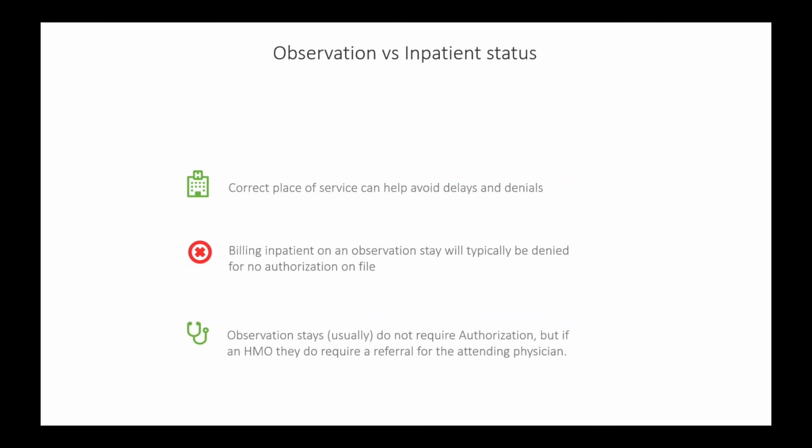A provider will really need to be aware and try to track when a patient is observation versus when they get placed into an inpatient setting, largely due to the managed care criteria and requirements regarding authorizations and care. So I think that kind of covers the number one reason we see.